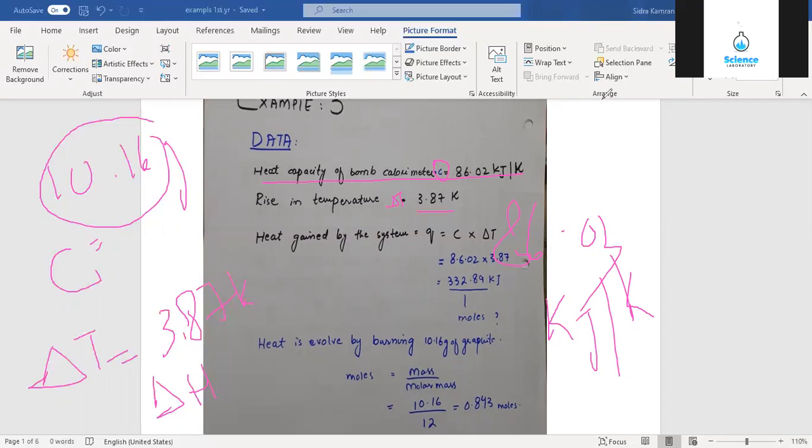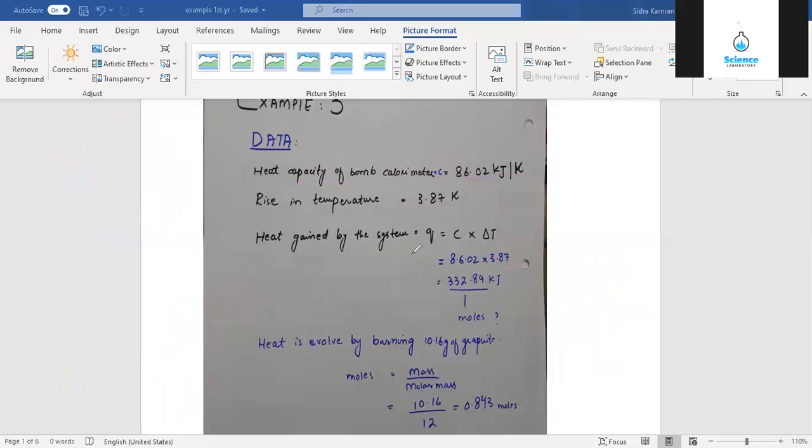How are we going to calculate this? By this formula. As you know, in a bomb calorimeter we use the formula: heat is equal to heat capacity multiplied by change in temperature. Heat capacity is basically the amount of heat required to raise the temperature by 1 degree or 1 Kelvin.